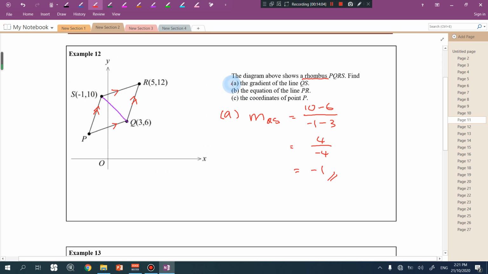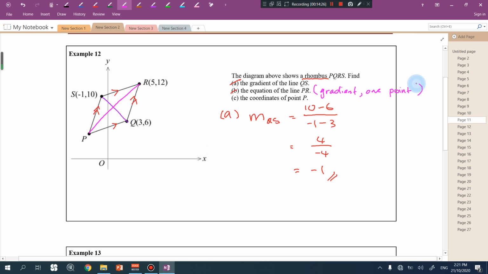So now let's proceed to part B, the equation of PR. PR is over here. Always remember, if you want to find the equation of a straight line, always look for two pieces of information: gradient and one point.